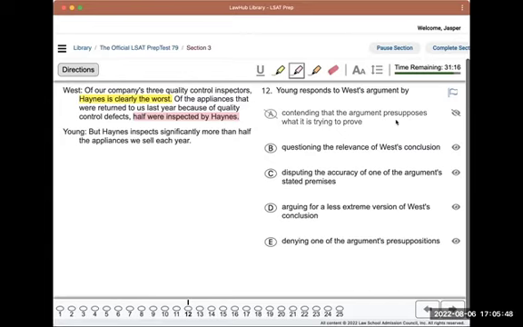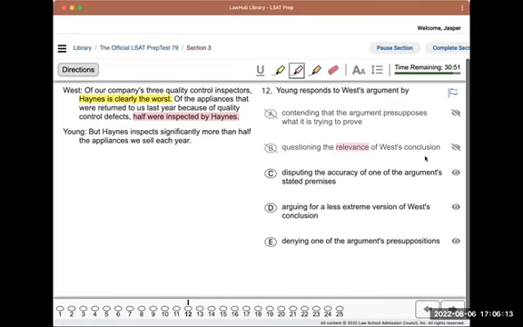B, questioning the relevance of West's conclusion. Nope, doesn't say like, why do we care that Haynes is the worst? Why does it matter? Nope. I'm not doing that. C, disputing the accuracy of one of the argument's stated premises. So the argument never states that Haynes inspects a certain amount of appliances each year.